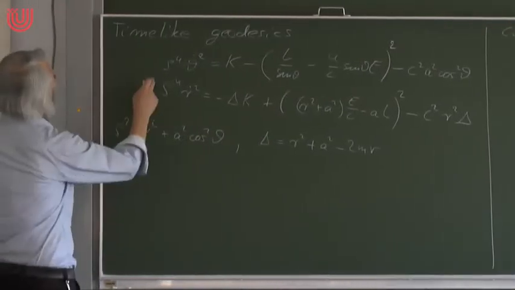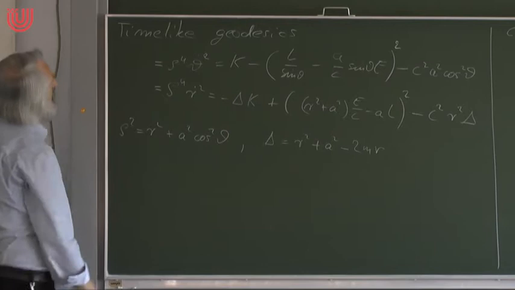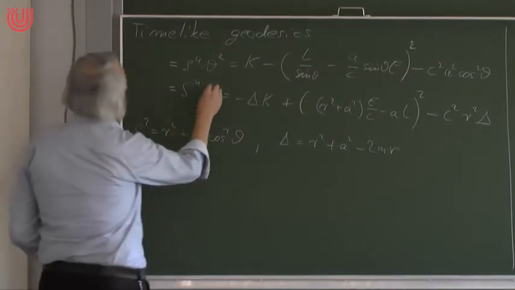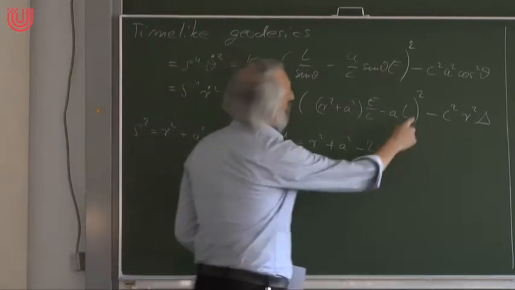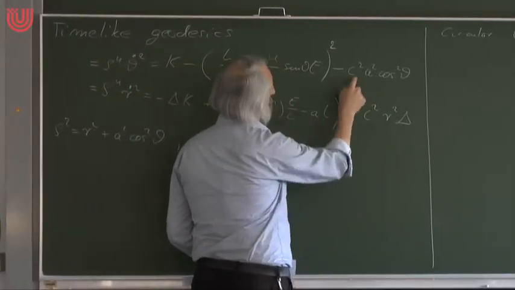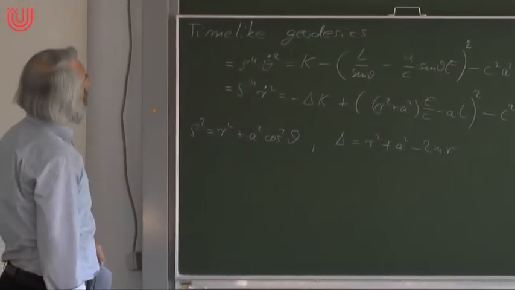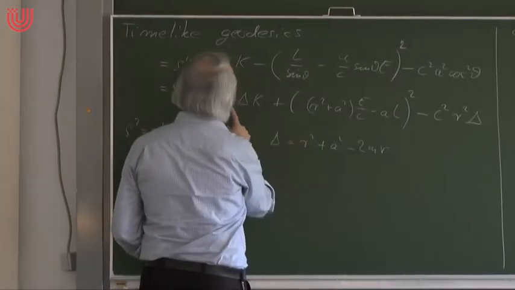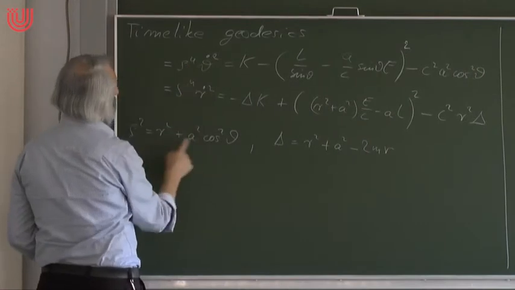I already mentioned this, but let me repeat it: you can completely decouple the equations by introducing a new parameter. This was our affine parameter. Now, as we are discussing time-like geodesics, the parameter is proper time, so the dot means derivative with respect to proper time. You see, this expression depends only on theta, this only on r, but on the left-hand side you have rho, which depends on both.